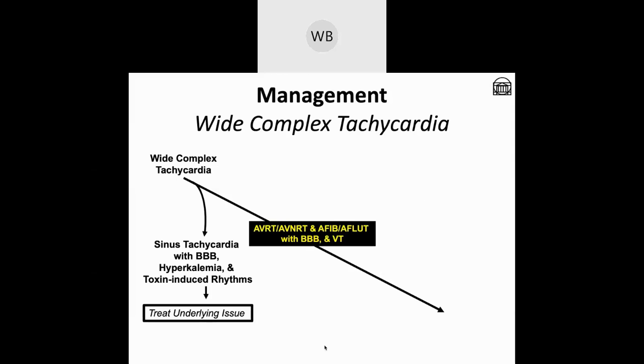That's a more formal name for what many of us refer to as PSVT with a bundle branch block pattern. And of course, you can have atrial fibrillation or atrial flutter with bundle branch block pattern. So a range of supraventricular rhythms with wide complexes likely due to bundle branch block or other issue. And of course, ventricular tachycardia is still in the mix as well.